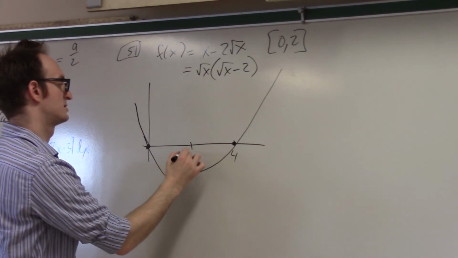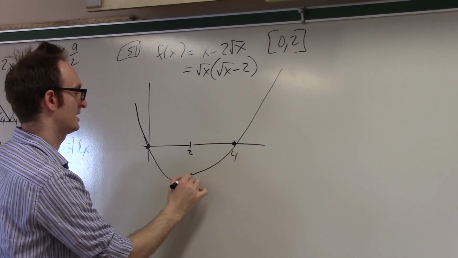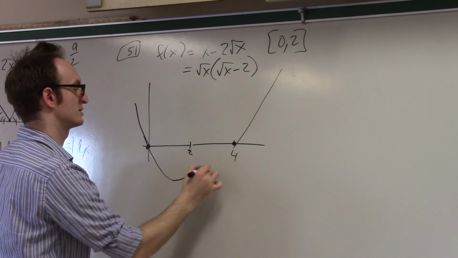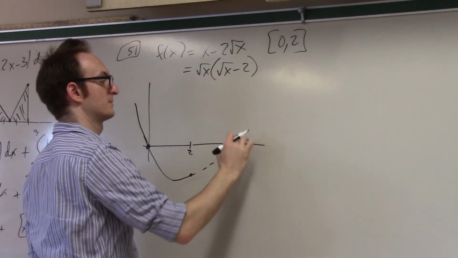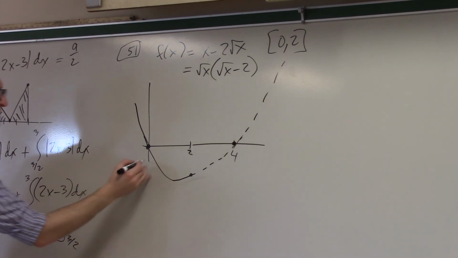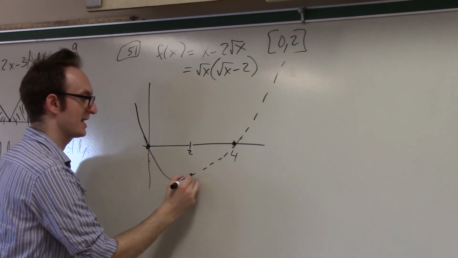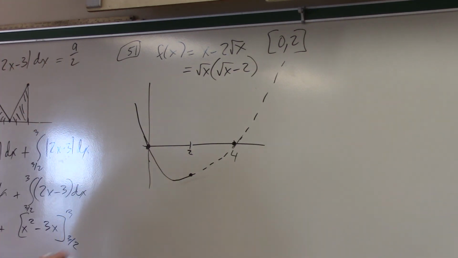And I only care about the average value on the interval from 0 to 2, right? So here's kind of a picture. This is the function on the interval from 0 to 2, and we want to know what the average value of this function is.